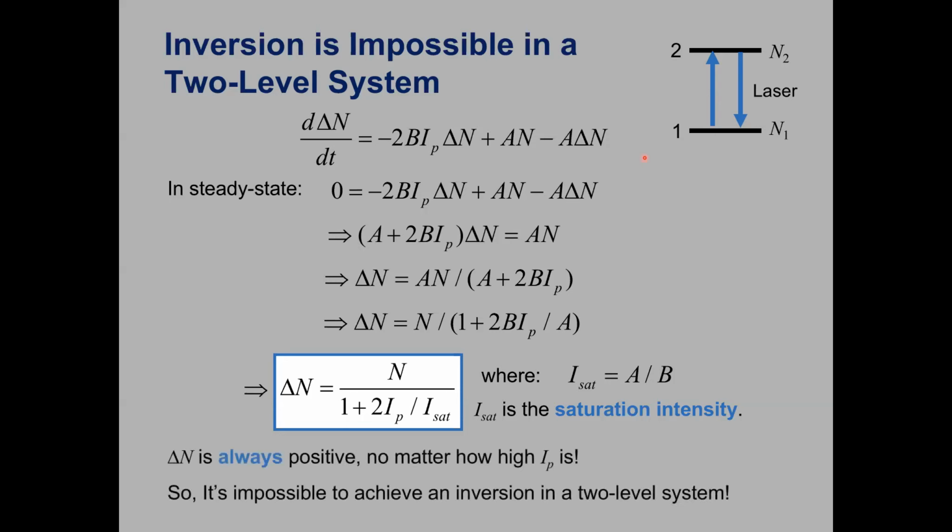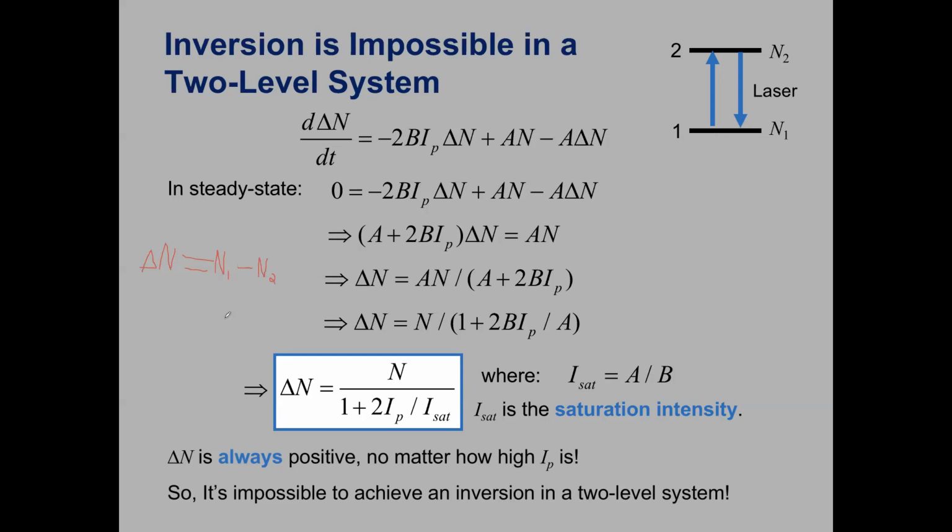And here's the issue, though, with this one tiny problem with the two-state system: if you look at this equation, knowing nothing else, delta n is always positive. Remember the definition of delta n here. Delta n was defined as the number of atoms in the ground state minus the number of atoms in the excited state.